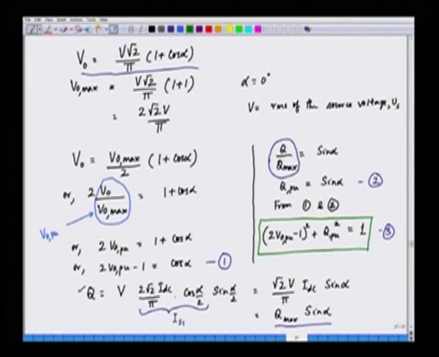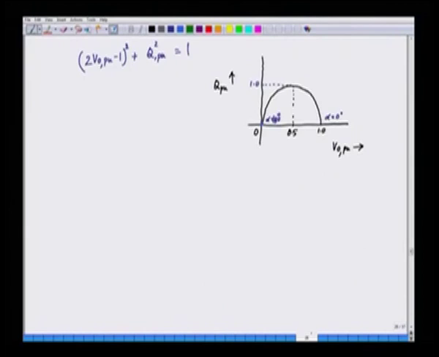This equation has got square terms here. So, we can plot this in the following fashion. So, what we do here, we plot this equation, and when we plot this equation it will be something like this.